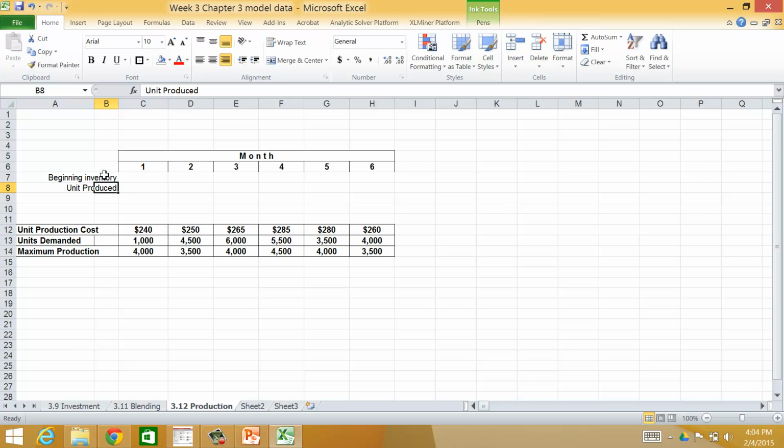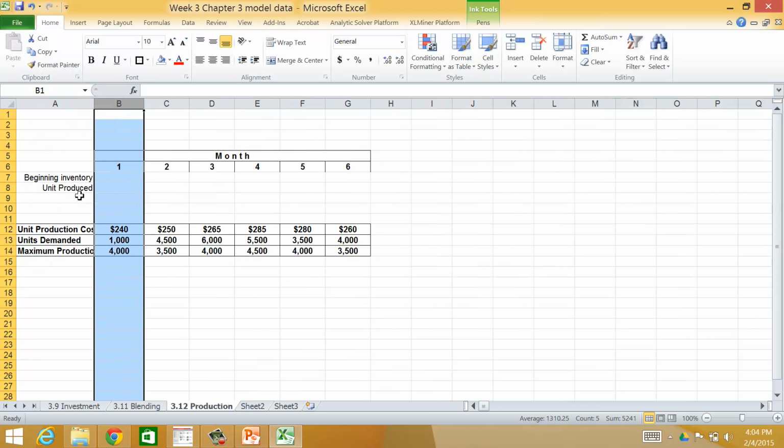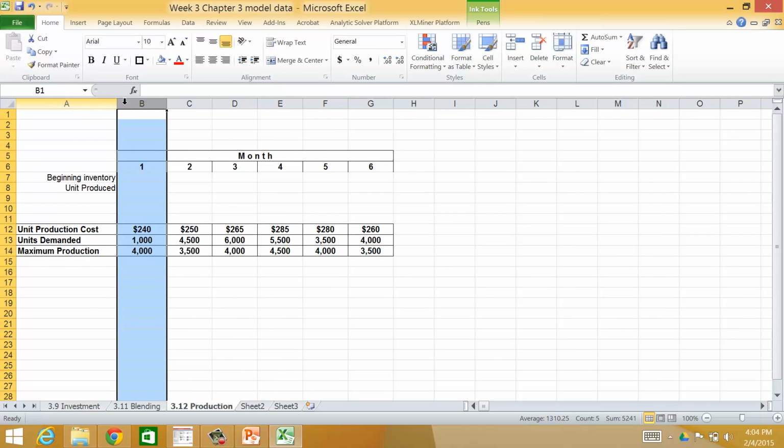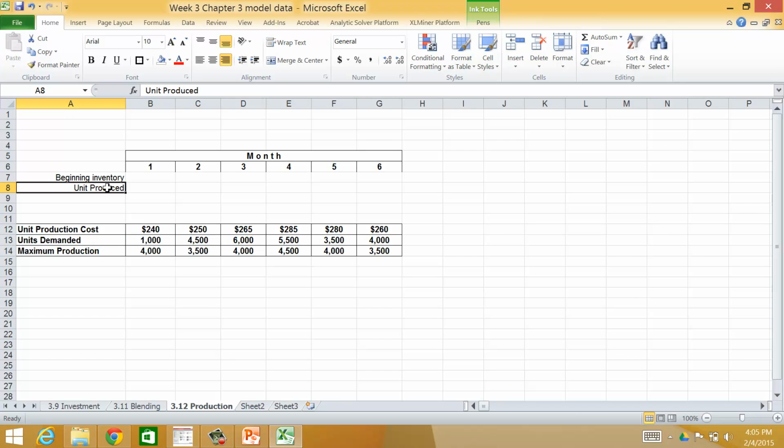Okay, I'm just going to delete this row here. Yeah, I just deleted that entire column and just moved this. Okay. So we have beginning inventory, unit produced. Remember, we have ending inventory equals the beginning inventory plus unit produced minus what? Unit demand, right? Okay, which is given here.